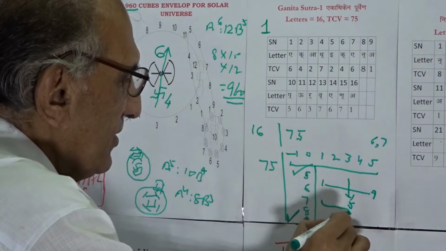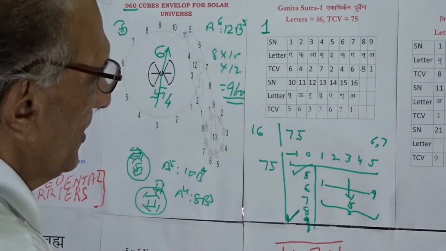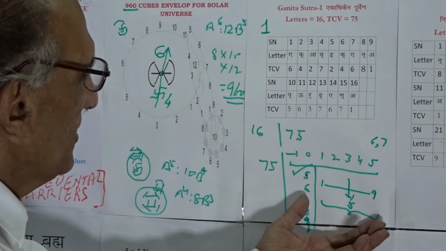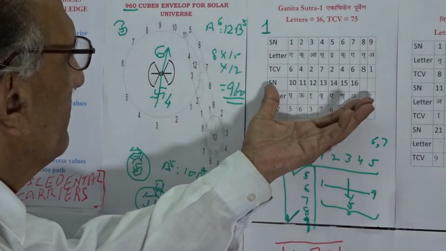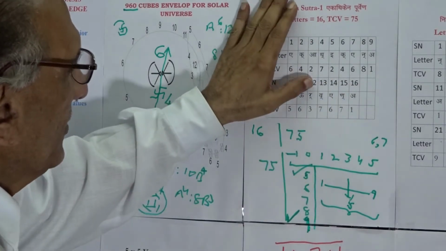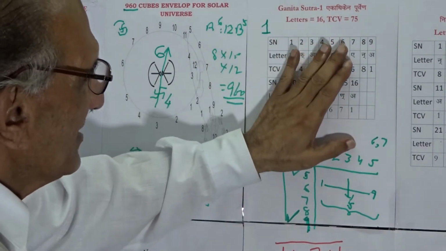So it is this Madhya Brahm which is the concept, the phenomenon, and this in fact is the beginning format, the processing format of Ganita Sutra 1 itself.